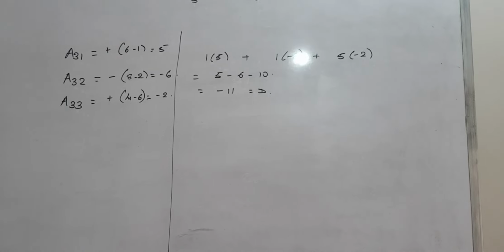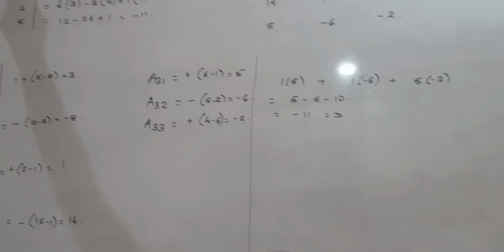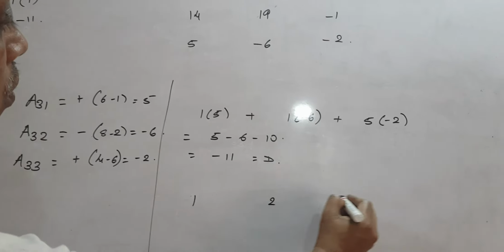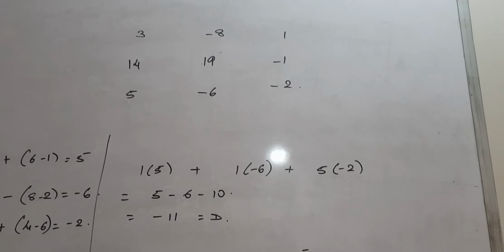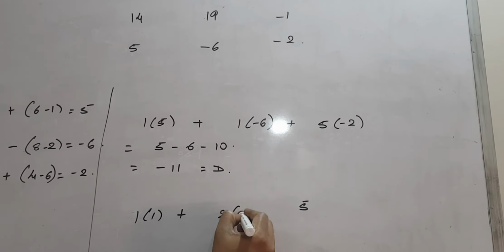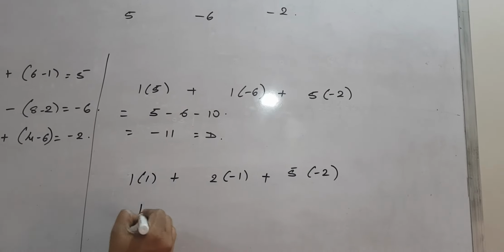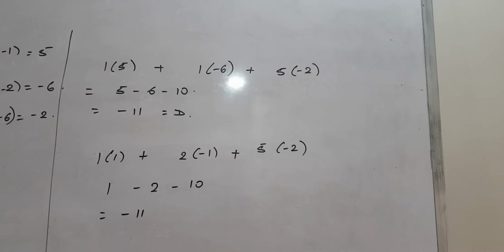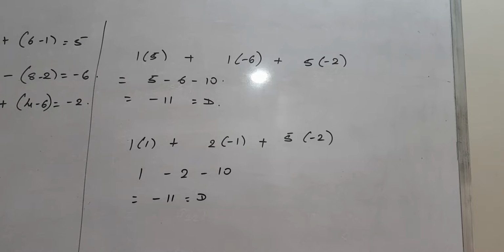See, if you multiply the elements of any column, like 1 2 5 लेता हूँ this time, with their respective cofactors, 1 plus minus 1 plus minus 2. So this should be 1 minus 2 minus 10, which is what? Minus 11. That is also the value of the determinant.